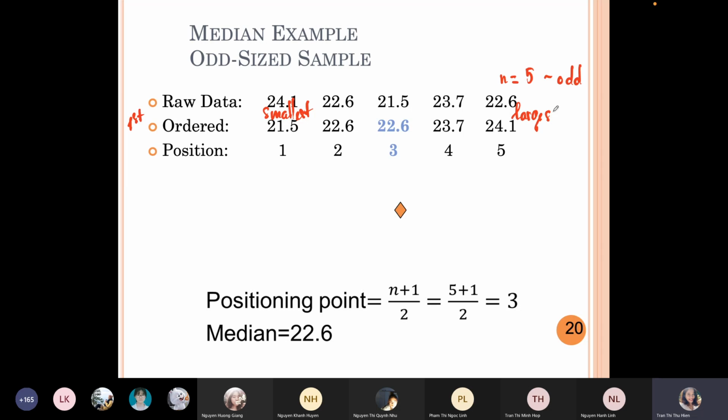You have to order it from the smallest to the largest value, and after that, because there are 2 before and 2 after, number 3 and 22.6 is the median for the data set.